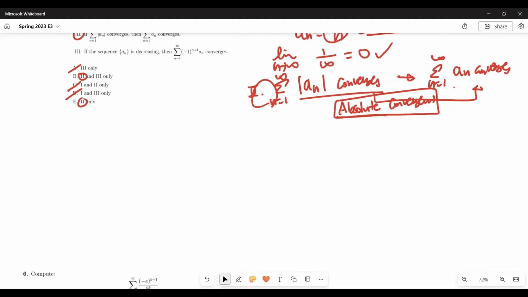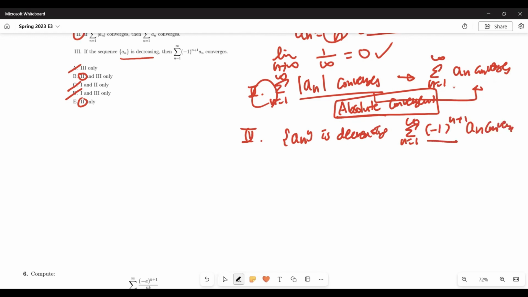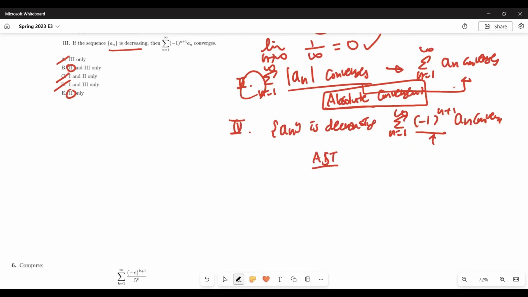Okay, let's check 3. So if the sequence a n is decreasing, then sum n equals 1 to infinity, negative 1 to the n plus 1, a n converges. Since there's a sign alternating going on, we're going to do the alternating series test, AST.